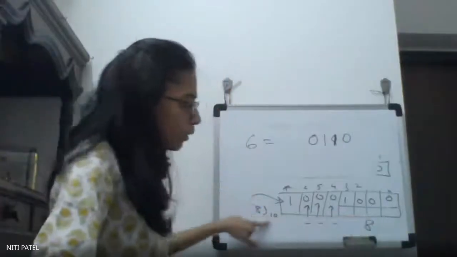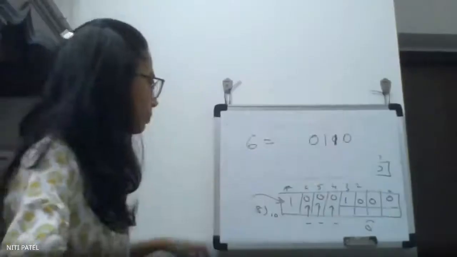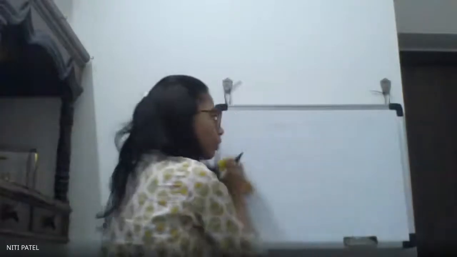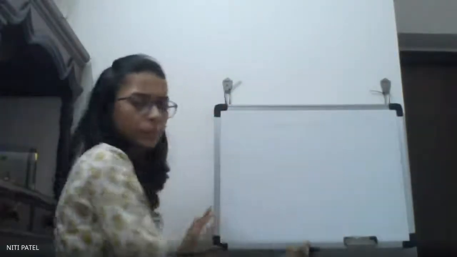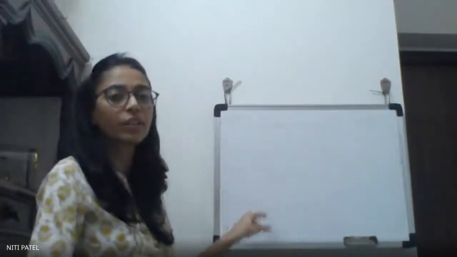You have to start writing from the LSB to the MSB. Okay, ma'am. And do we have to draw that box? Yes, you have to draw that box, or even if you do not draw it, it is okay. But keep a practice of drawing so that you don't make a mistake on the 7th digit.